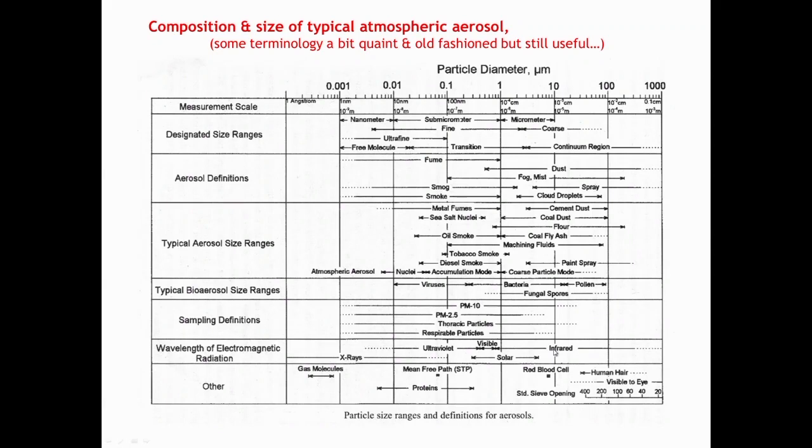So number one, it can have an impact if there's atmospheric radiation in the wavelength that corresponds to the aerosol, but also it can be used to detect the aerosol if you want to use that in a measurement device. So this gives you a point of reference for the sizes.